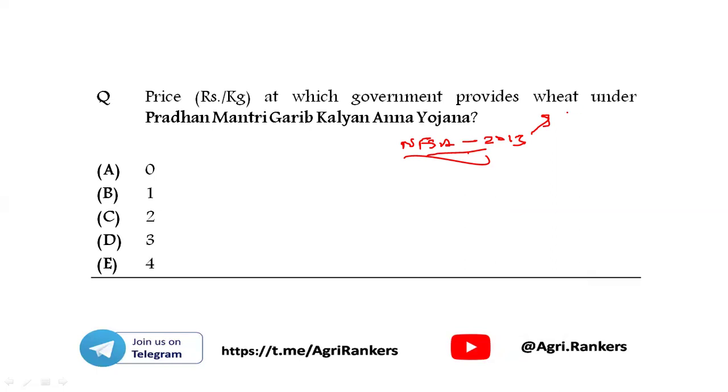On 10th September 2013, it became an act because the President of India signed it. When the question asks when the President signed it, or when it was passed by the Parliament, this is the correct answer in both cases.